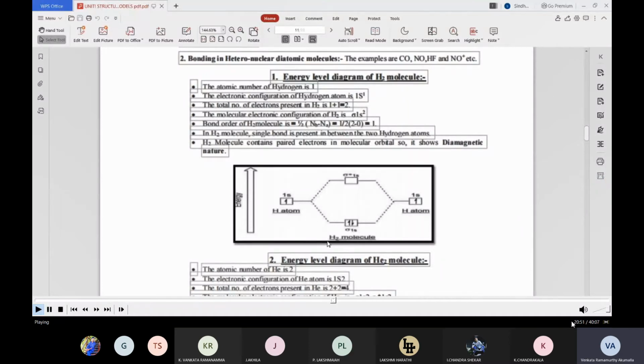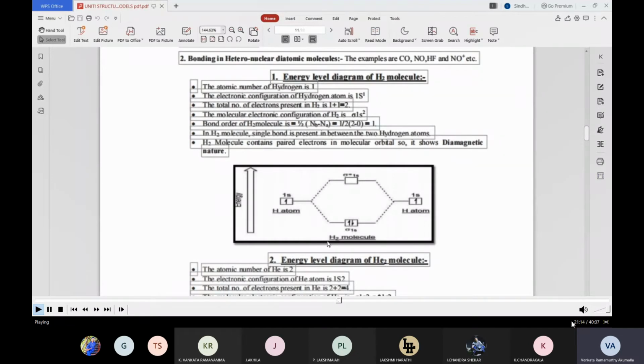So the hydrogen molecule contains two orbitals, sigma 1s and sigma star 1s. Sigma 1s is filled with the molecular orbital electrons, but sigma star is not filled; there are no electrons in it.